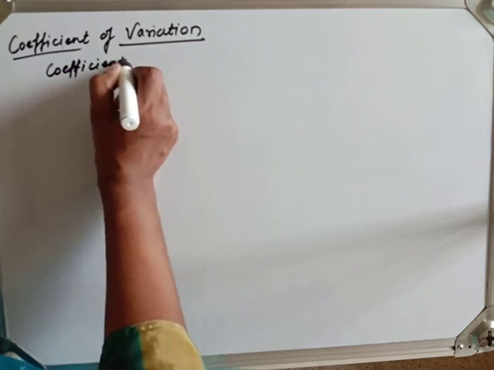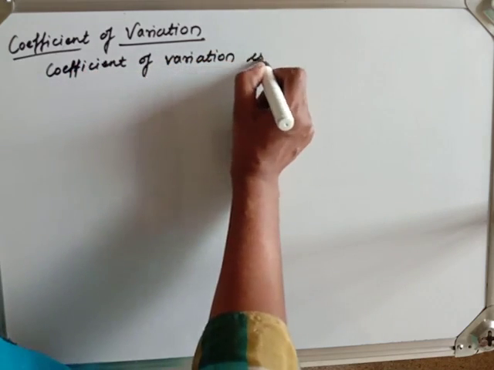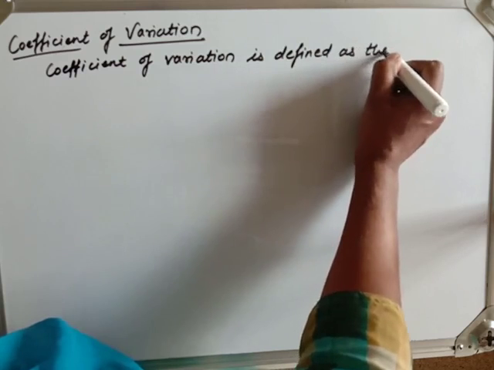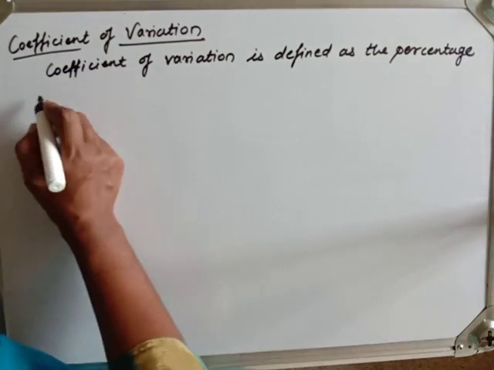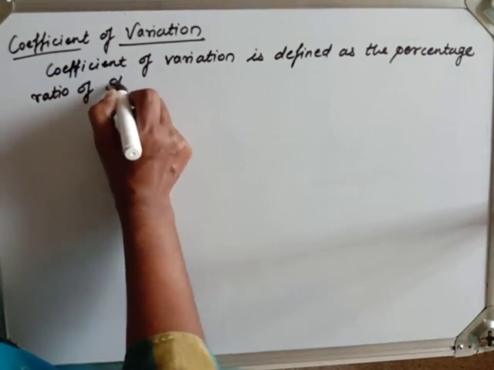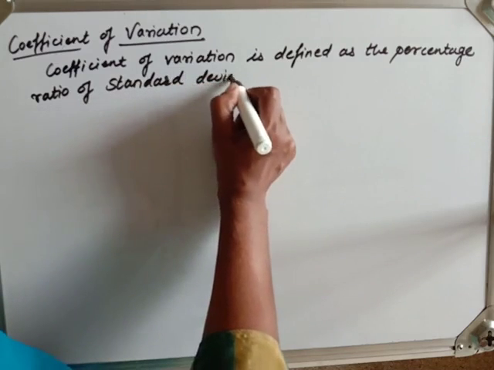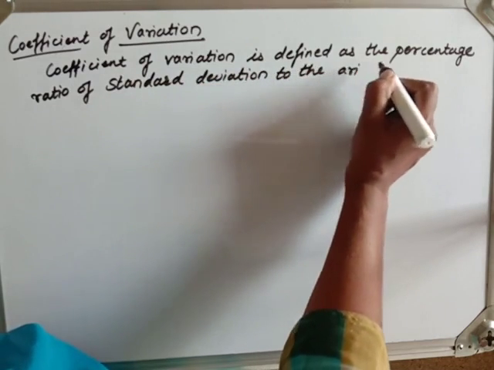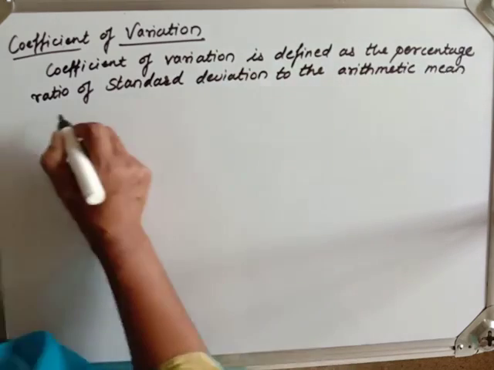Coefficient of variation is defined as the percentage ratio of standard deviation and the arithmetic mean, that is, standard deviation to the arithmetic mean of distribution.